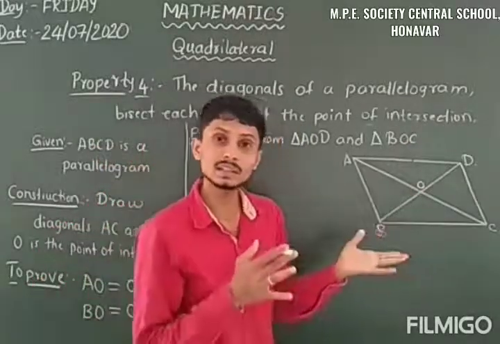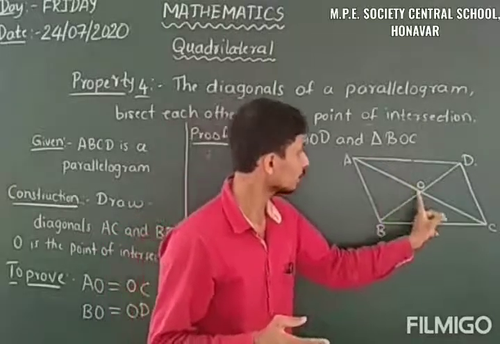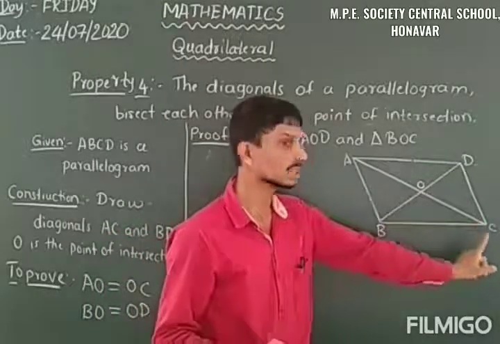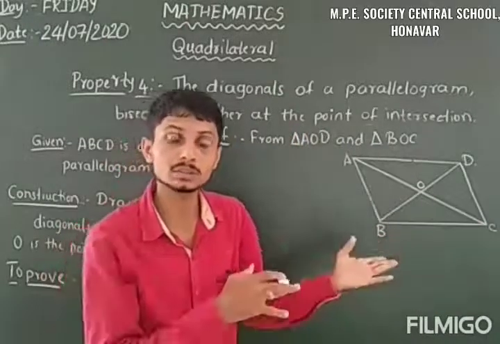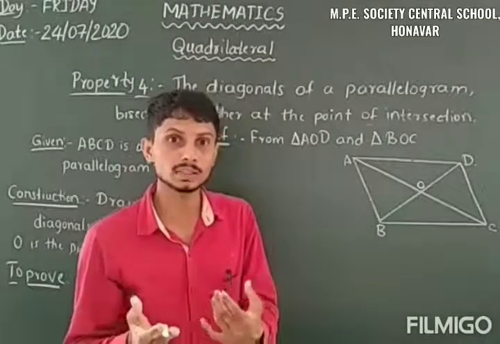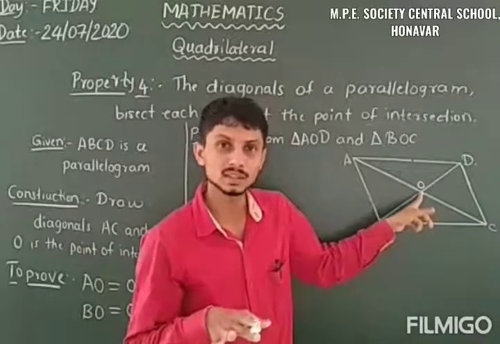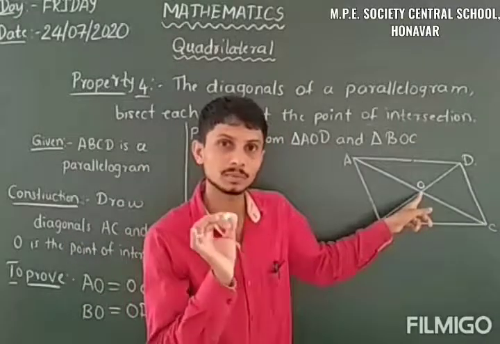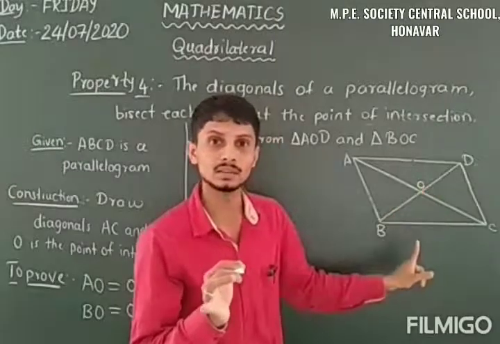When we are taking a transversal like that, angle AOD and angle BOC are vertically opposite angles, so both are equal. O is one of the vertices for both the triangles, so it is a vertically opposite angle.